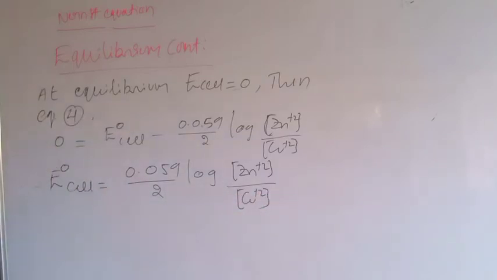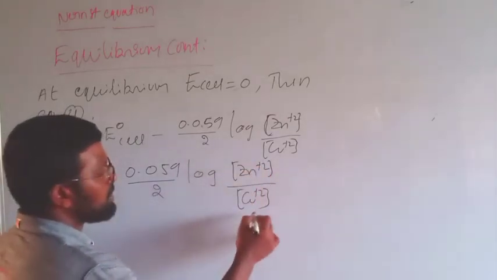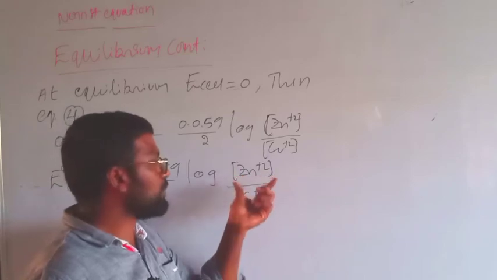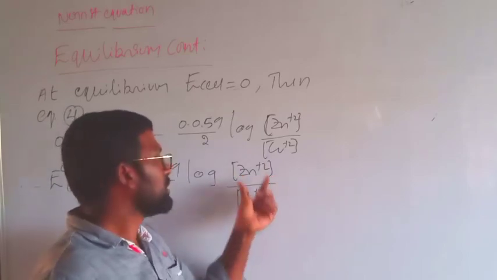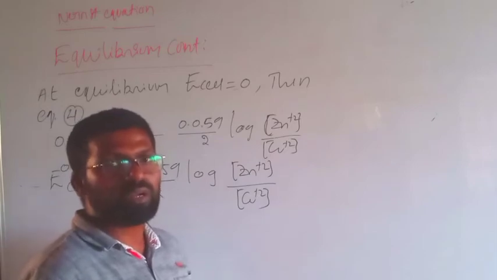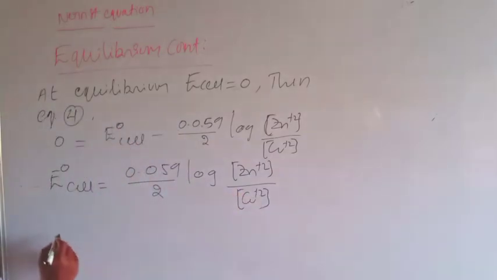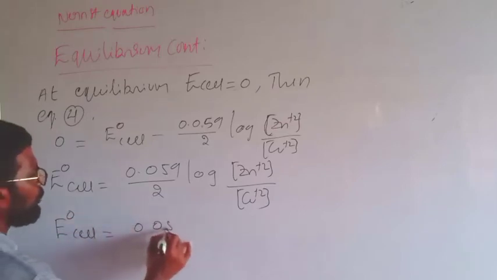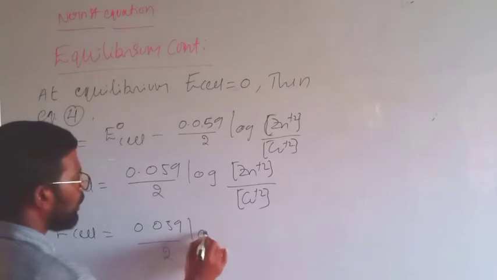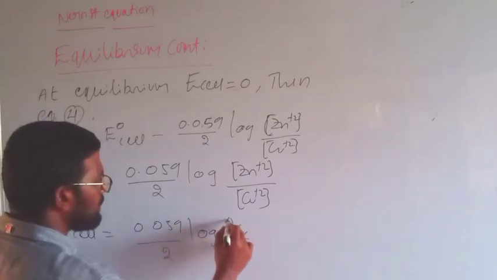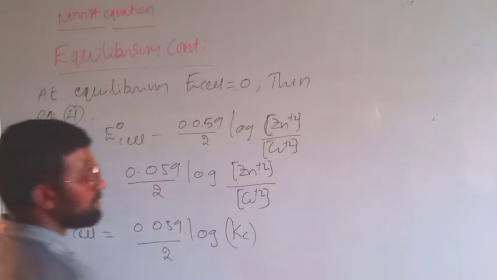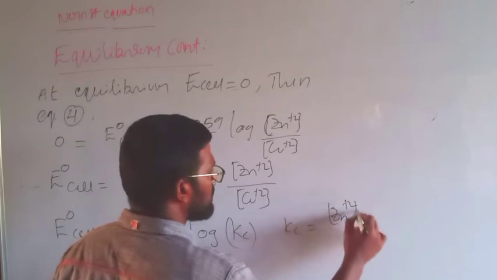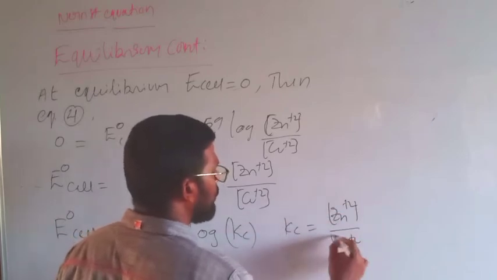Here Zn plus 2 concentration by Cu plus 2 concentration means molar concentration of anodic solution by molar concentration of cathodic solution. This gives a constant called the equilibrium constant. So this can be further modified as E naught cell is equal to 0.059 by 2 log Kc. Here Kc is the equilibrium constant, equal to molar concentration of Zn plus 2 ions by molar concentration of Cu plus 2 ions.